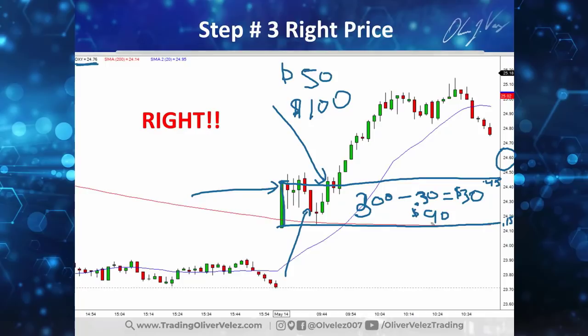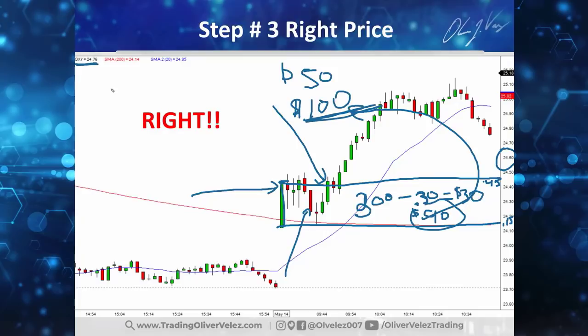It stays within my maximum loss per trade of 100. And so this is how my traders are taught to know where to go to trade, what price range they should trade in most of the time, and how many 100 share lots they are allowed to take on a specific trade.